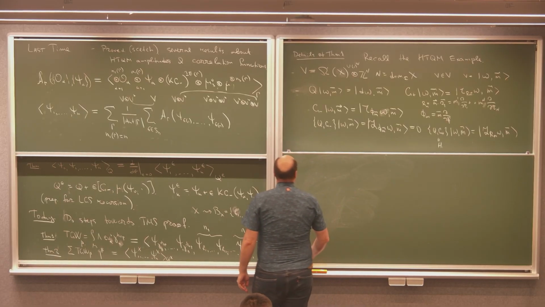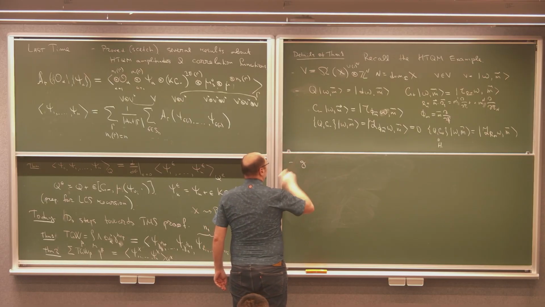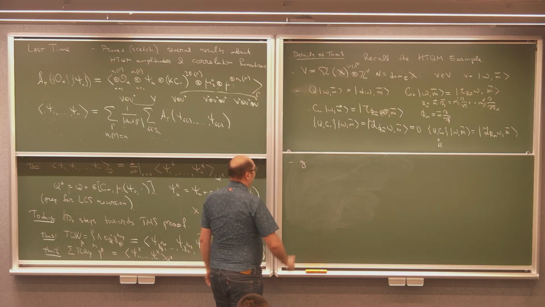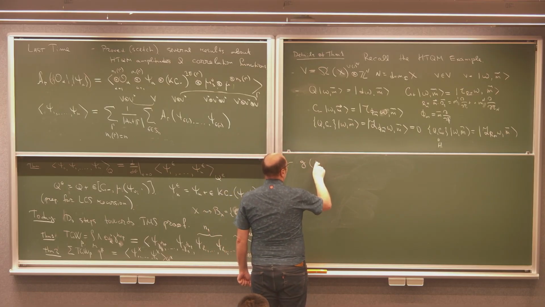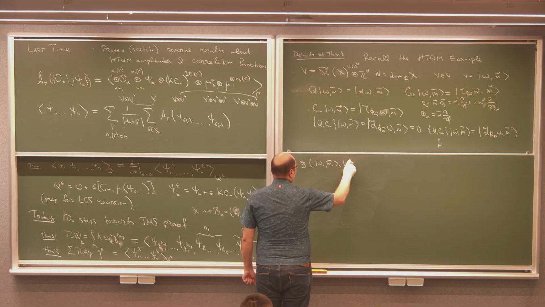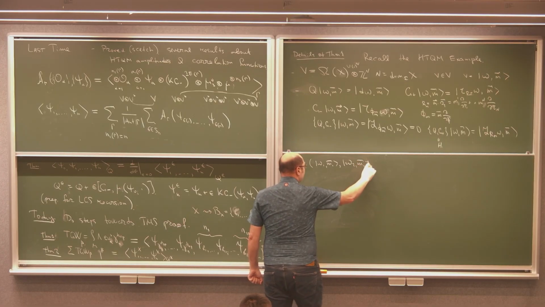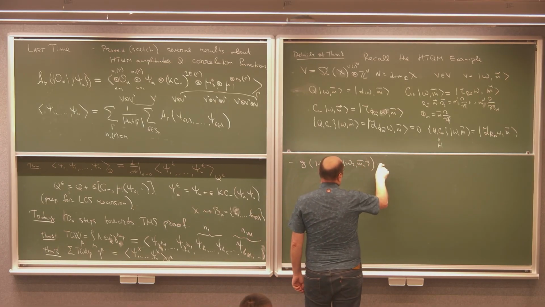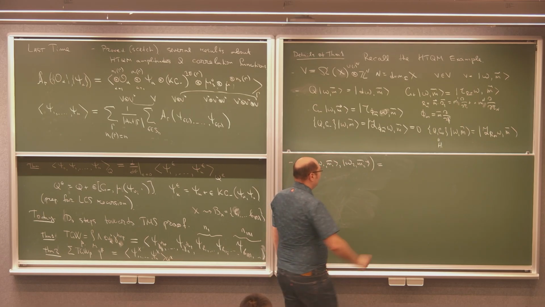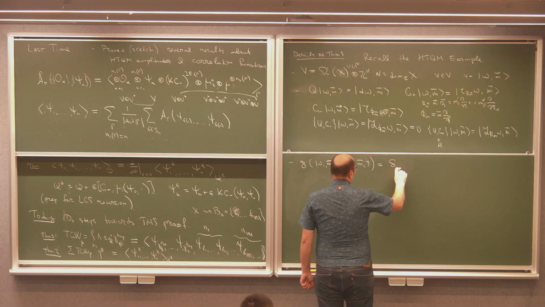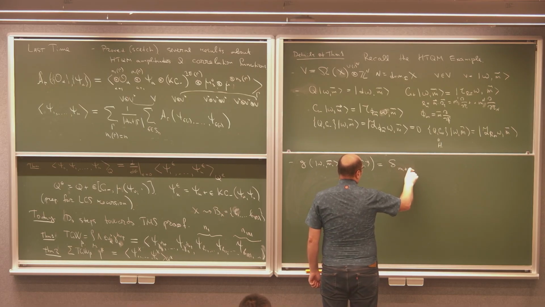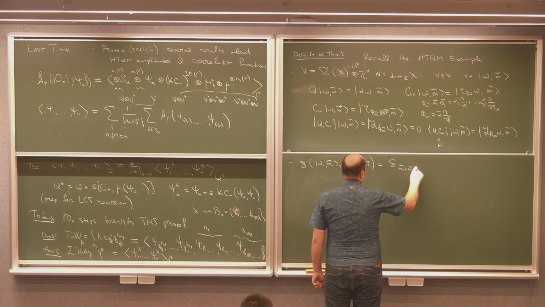Okay, and what about the remaining data? We have a pairing, for a pair of states omega 1 and integer vector 1, and omega 2 and integer vector 2. The pairing works in the following way. First, we check that the sum of these integer vectors is 0.